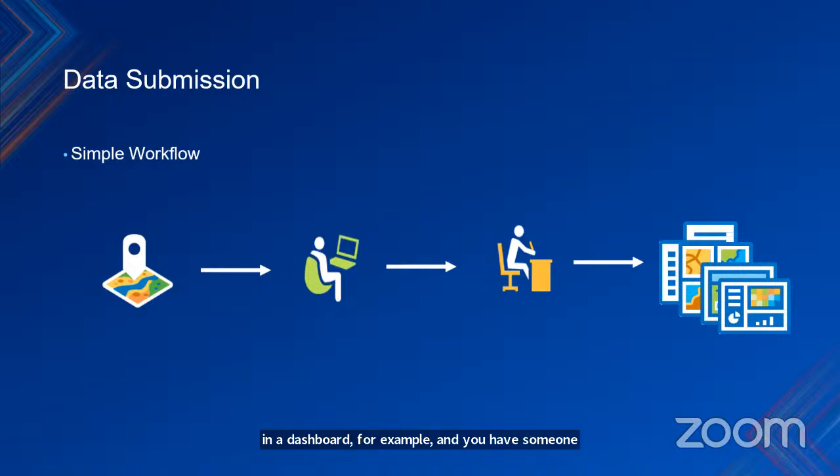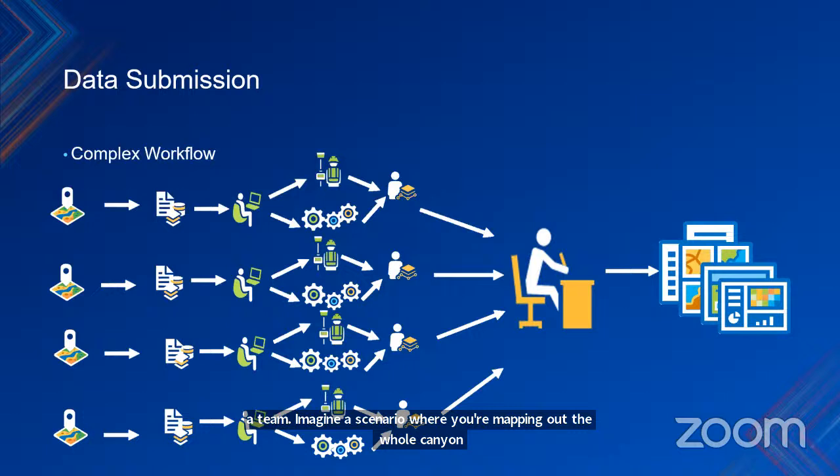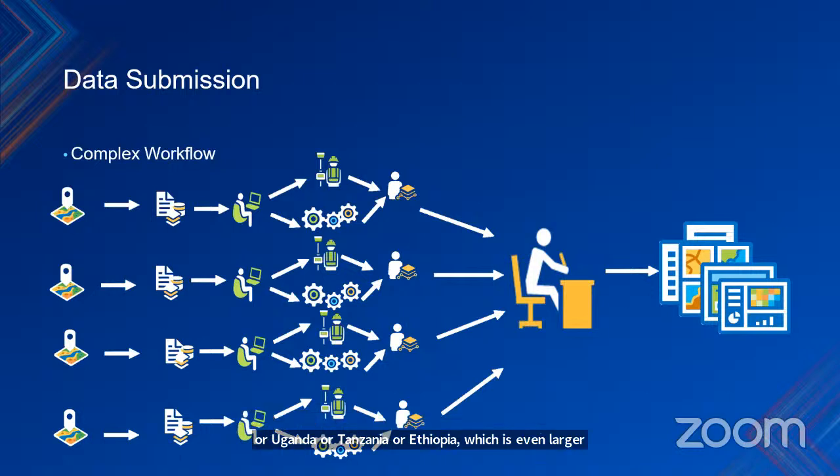So imagine doing that, but as a team. Imagine a scenario where you're mapping out the whole Kenya. You're mapping out data sets that run across a whole country, for example, or Uganda, or Tanzania, or Ethiopia, which is even larger. So how do those workflows look like, right? So you're submitting these workflows, but this is a complex workflow in the sense of how these are actually defined and submitted, all right?